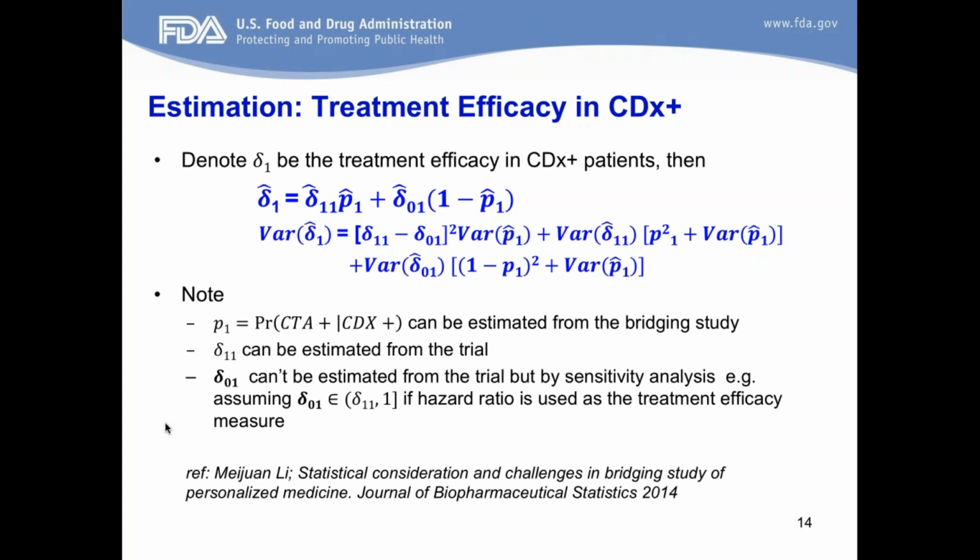For this one, you could assume, if you talk about log hazard ratio or hazard ratio, that this value is somewhere between delta 11, which is the efficacy in double positive, and, if you assume there's no effect at all, a hazard ratio of 1. Something like that gives you a basic sensitivity analysis.